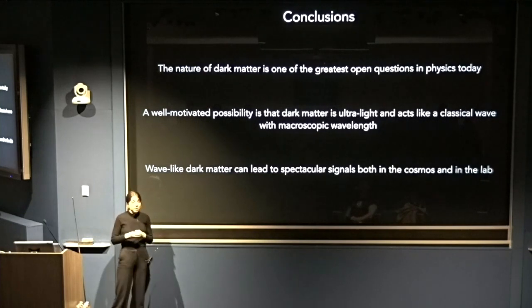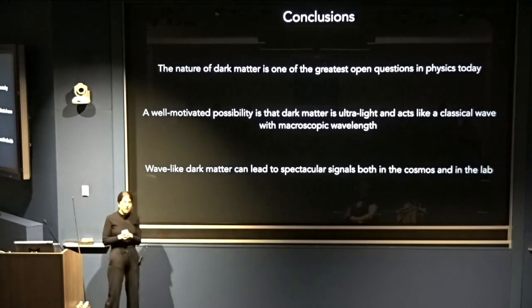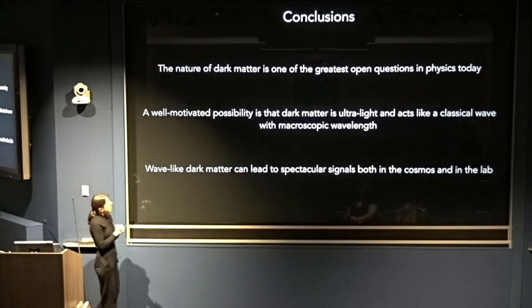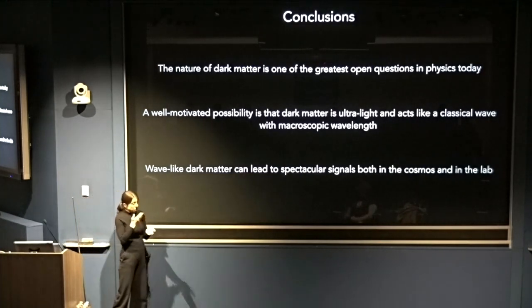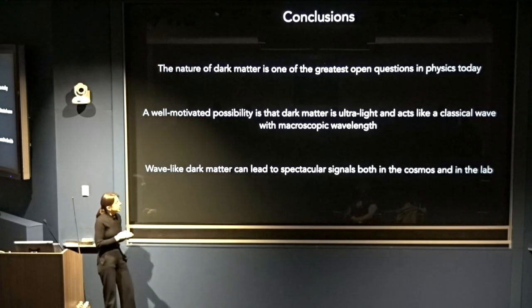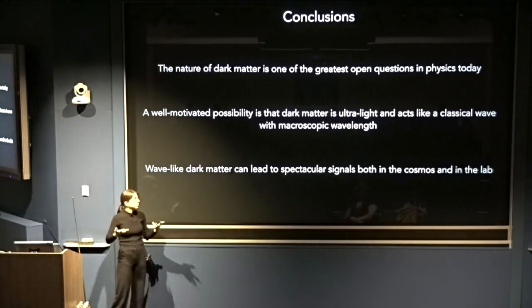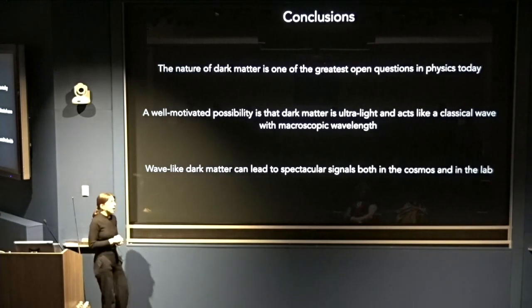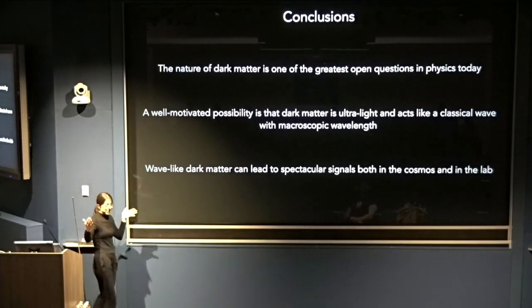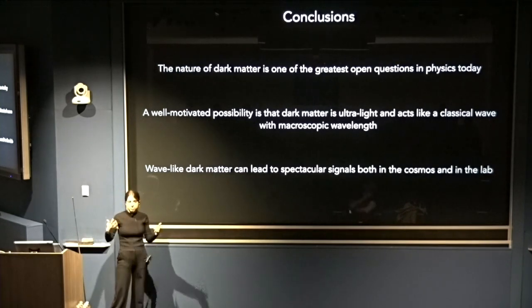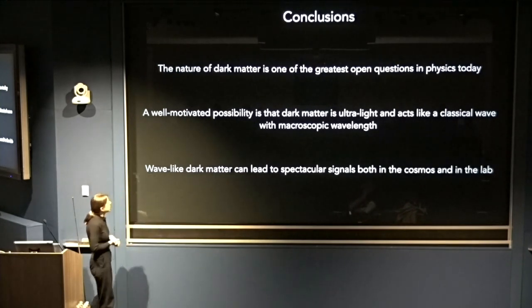Wave-like dark matter is a particularly interesting and exciting angle on this. As we've seen, when you make the dark matter ultralight, you can think of that as a wave with a macroscopic wavelength. Sometimes those wavelengths can be as large as galaxies, and so this leads to interference patterns on these galactic scales.